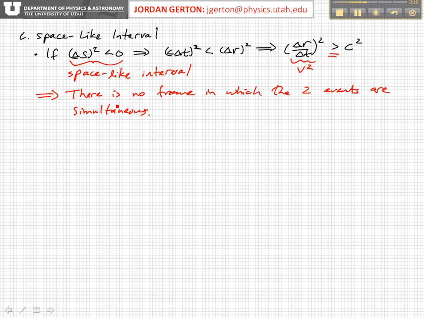So there's no proper time. So whenever delta S squared is negative, there is no proper time.